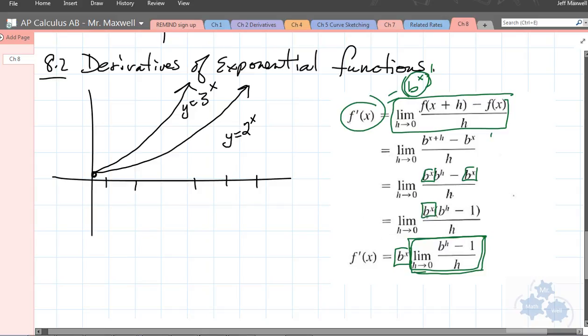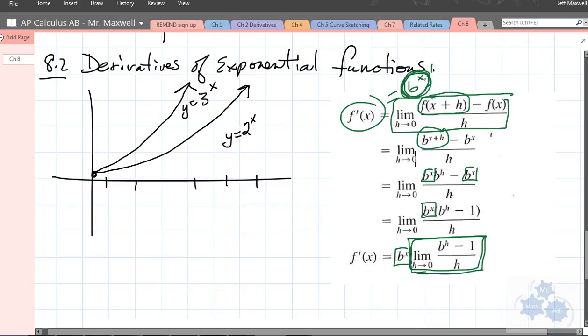See? We're taking the derivative of this function, b to the x. So this f of x plus h becomes b to the x plus h, because that's the function we're dealing with here. Okay? So the original function is b to the x, just some base.